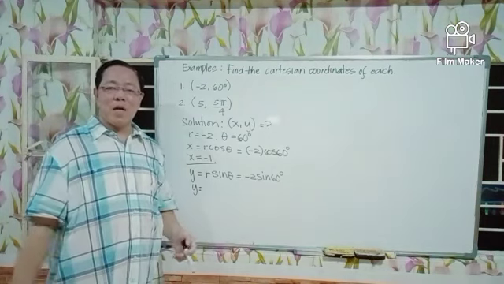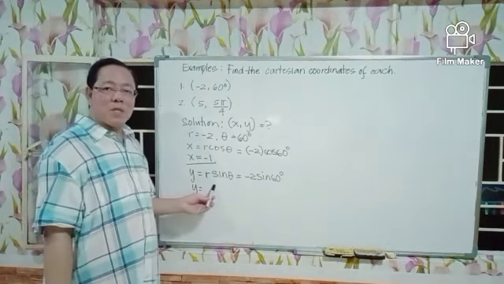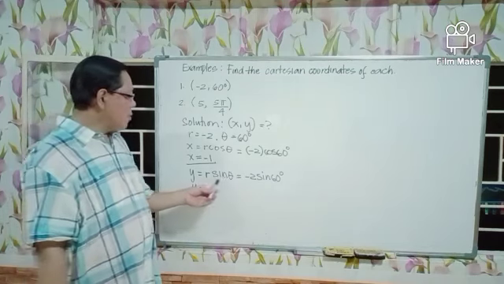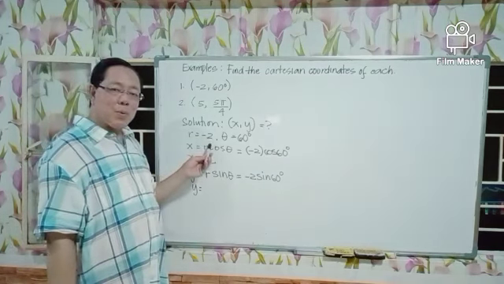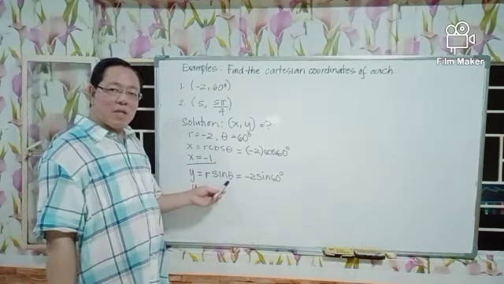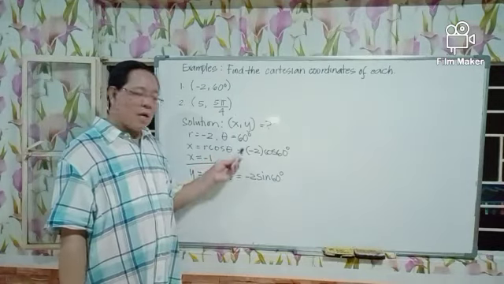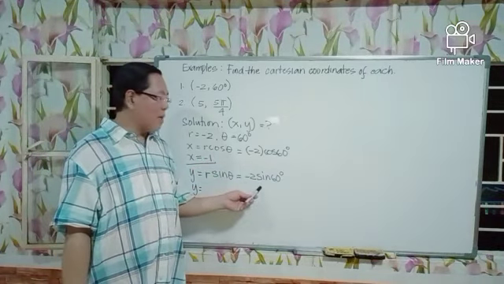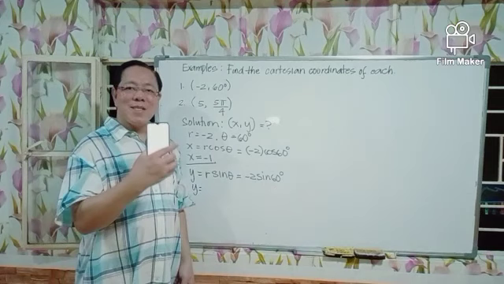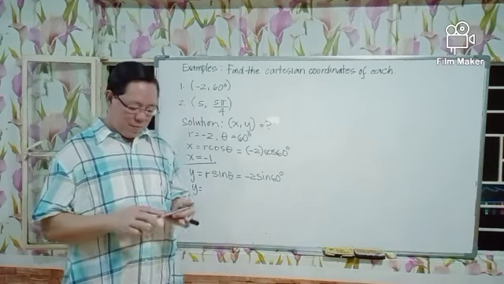From the formula we derived earlier, y equals r multiplied by sine theta, and we replace r with negative 2 multiplied by sine theta, where theta is 60 degrees, and we calculate negative 2 multiplied by sine of 60 degrees using our calculator.